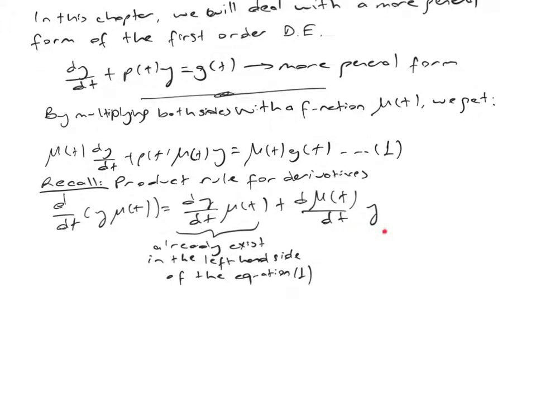So if this remaining part is equal to this part, then we can use the product rule for the left hand side of the equation 1. And let's write it down.